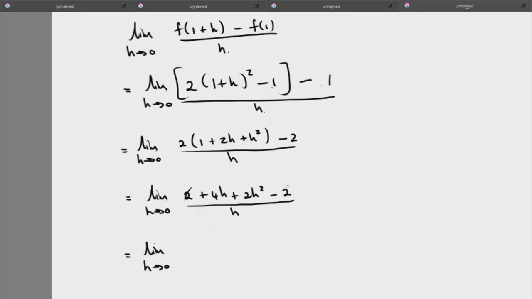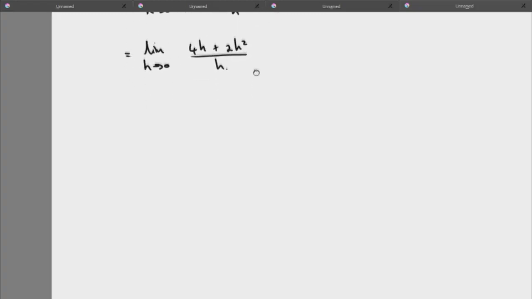The 2's cancel, and I have 4h plus 2h squared over h. There is my function. This limit doesn't care what the original function is. This is a function in h because the limit is asking for h changing. So for the moment, there's no x, there's no original function. I'm trying to find if this limit has an answer. Does it exist? What is the form of this limit?